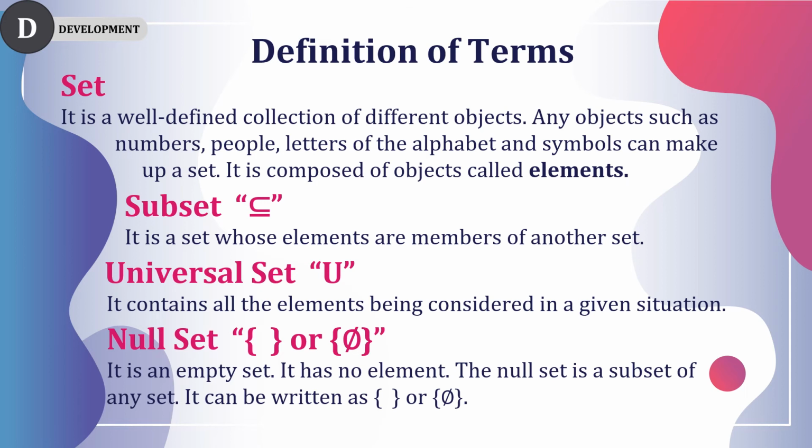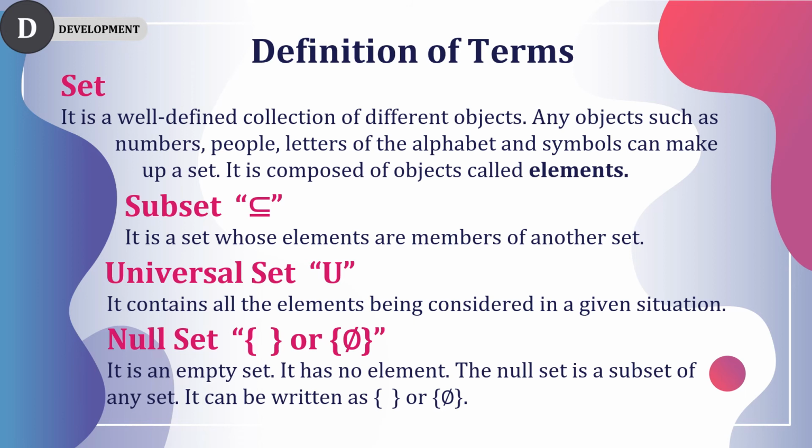It is composed of objects called elements. Subset. It is a set whose elements are members of another set. Universal set. It contains all the elements being considered in a given situation.